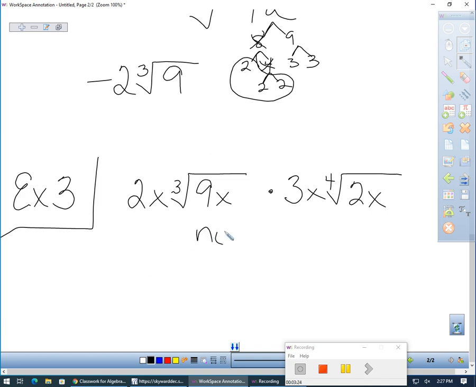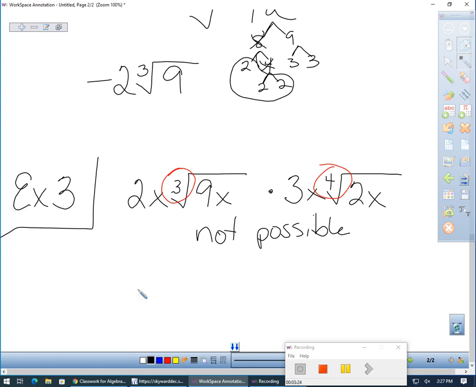We're going to say not possible. You can say no solution. Okay. What do you notice about the 2 different dimensions? Yes, this one is a cube root. This one's a 4th root. No. No. Nope, that's not how it works. Eventually, we're going to change it up a little bit. But right now, this is where we're at. So you can say not possible. You can say no solution. I'm okay with either one.